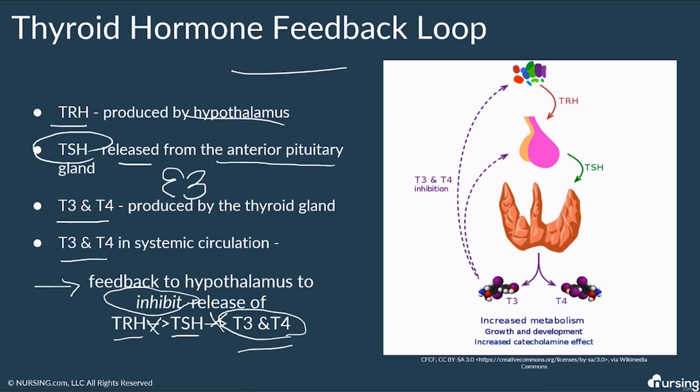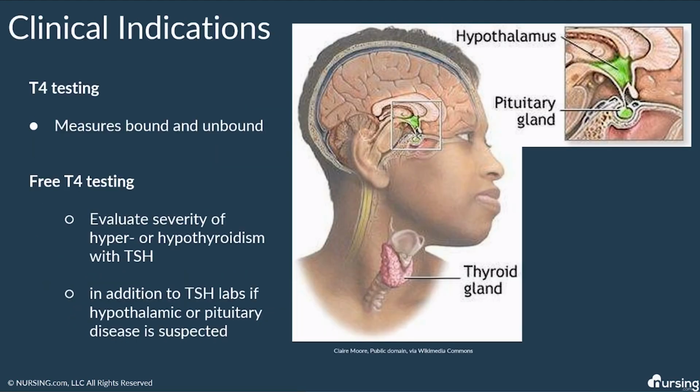When there's enough T3 and T4 in the blood, TRH doesn't need to be released. When these levels go down, the process starts over again. The hypothalamus detects that there isn't enough, therefore it releases TRH, which releases TSH, which goes to the thyroid to produce T3 and T4.